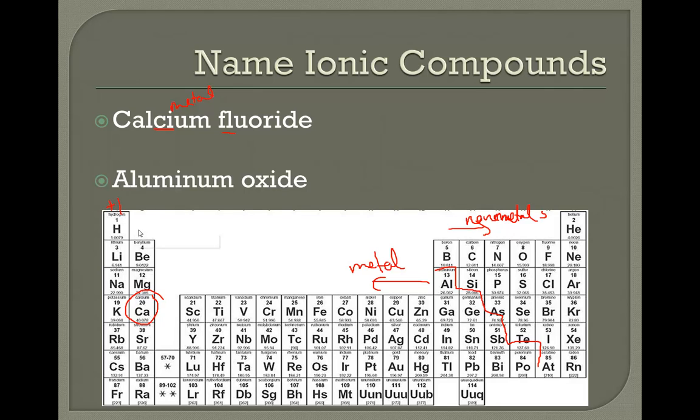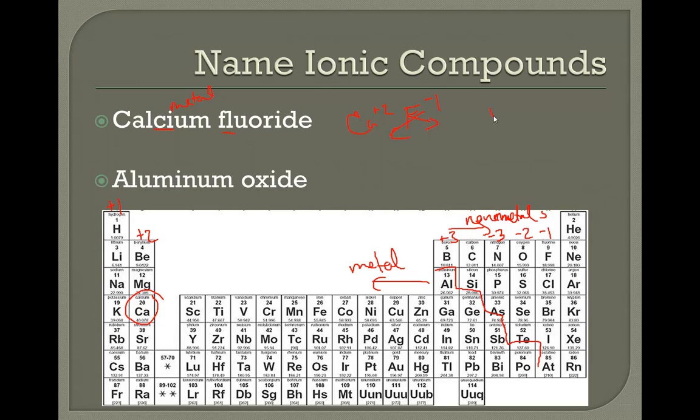Also, +1, +2, +3, skip carbon, -3, -2, -1, and that's how you know what charges they have. Calcium is right here, it has a +2 charge. Fluoride is right here, it has a -1 charge.